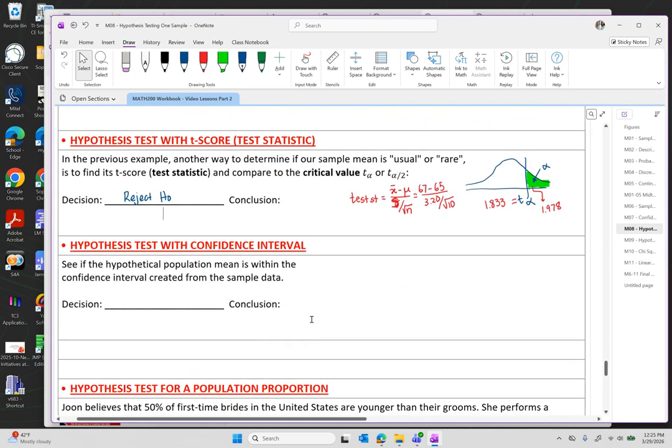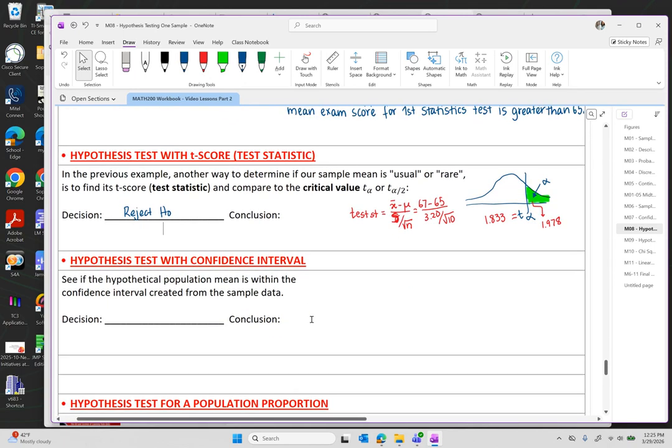Remember also that we can use a third method of doing a hypothesis test, and that is to find a confidence interval centered around the sample mean, and if we can capture in the confidence interval the population mean, then we cannot reject the null hypothesis.